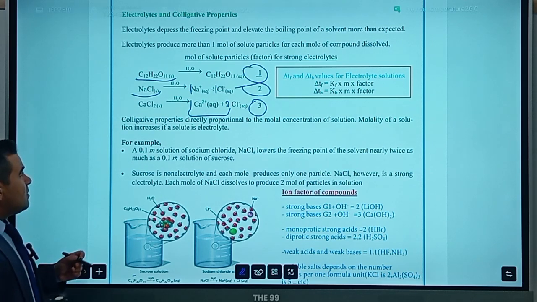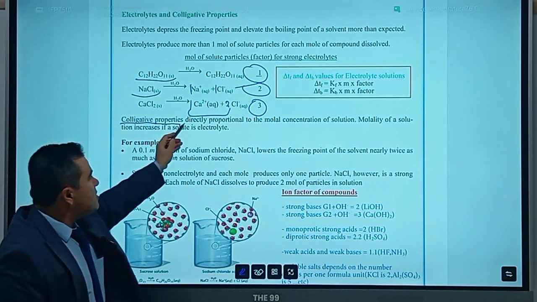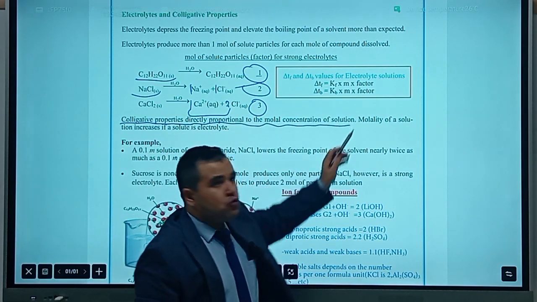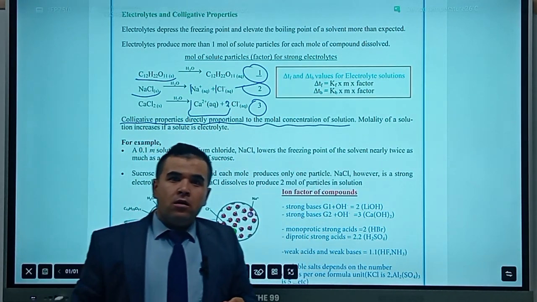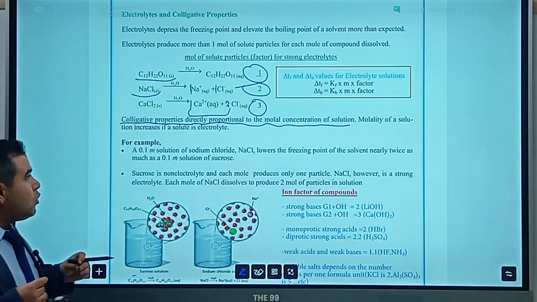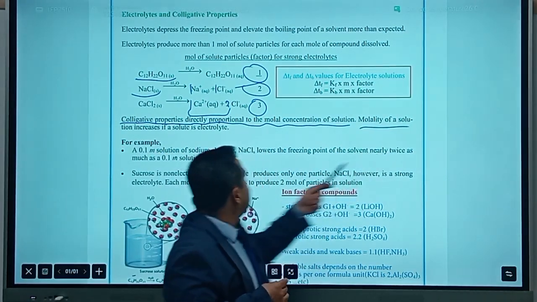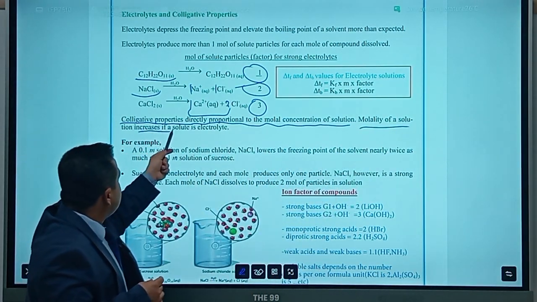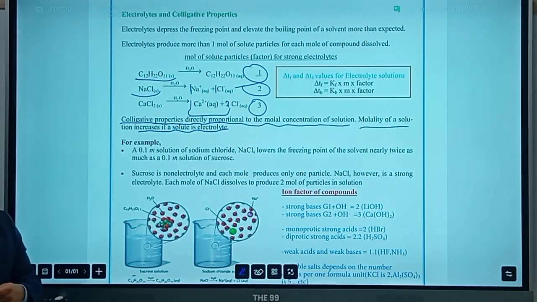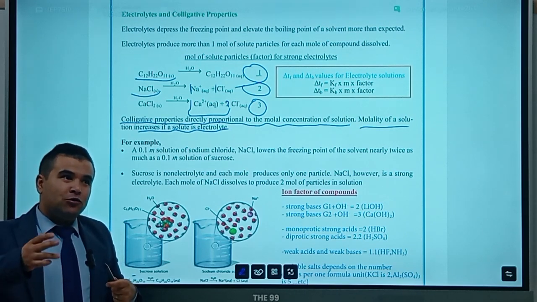For example, guys, colligative properties are directly proportional to the molar concentration of the solution. So the molarity of the solution increases if the solute is an electrolyte.